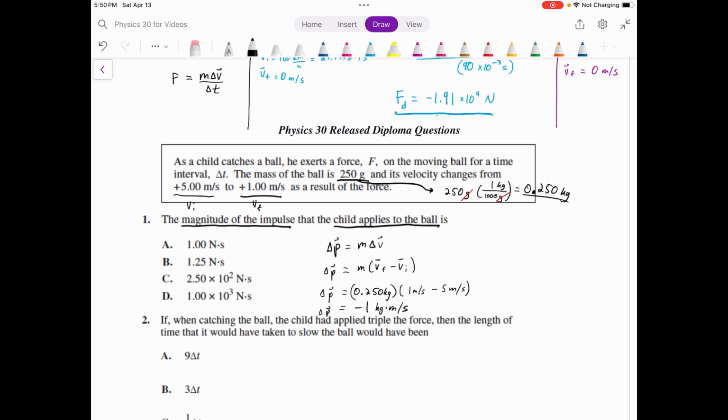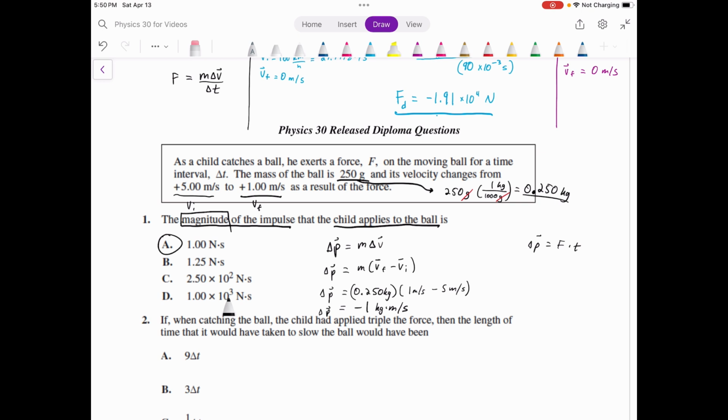Okay, or we know also that impulse can be measured as Newton second. Looks like that's what they chose to use here. A Newton second and a kilogram meter per second are the same thing. I'll prove that in a second here, but it looks like our impulse is -1 kilogram meter per second, or -1 Newton second, but it said magnitude, so we're just not worried about that negative in our final answer.